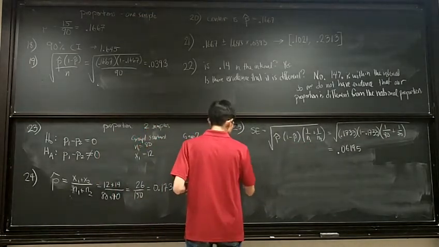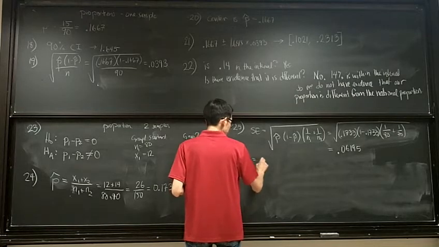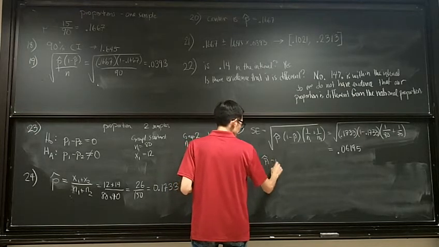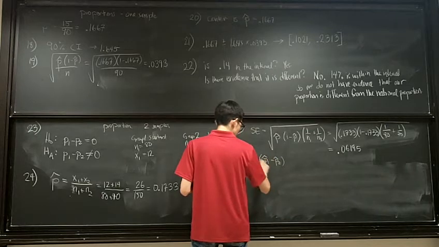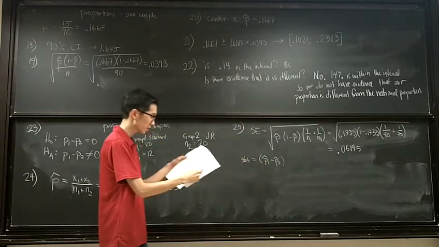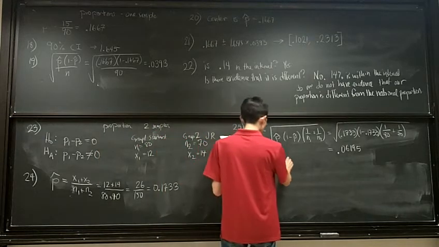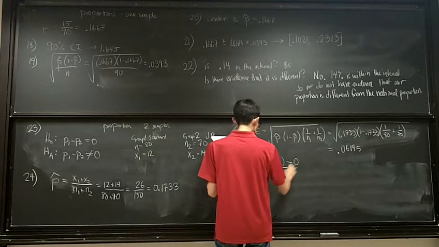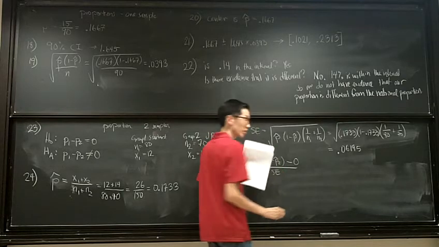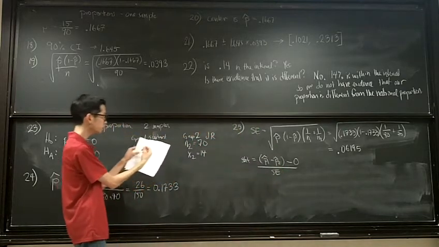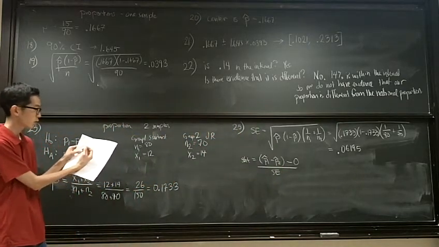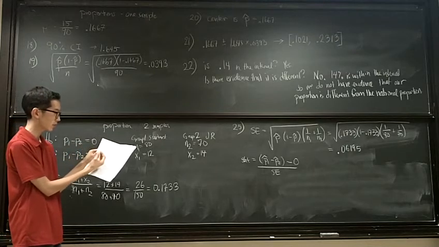So the test statistic is equal to p1 hat minus p2 hat. Again, if you're not sure, it's observed minus the null. So the observed is p1 hat minus p2 hat, minus the null, which is 0, divided by my standard error. The test statistic is always in the form observed minus null divided by the standard error.